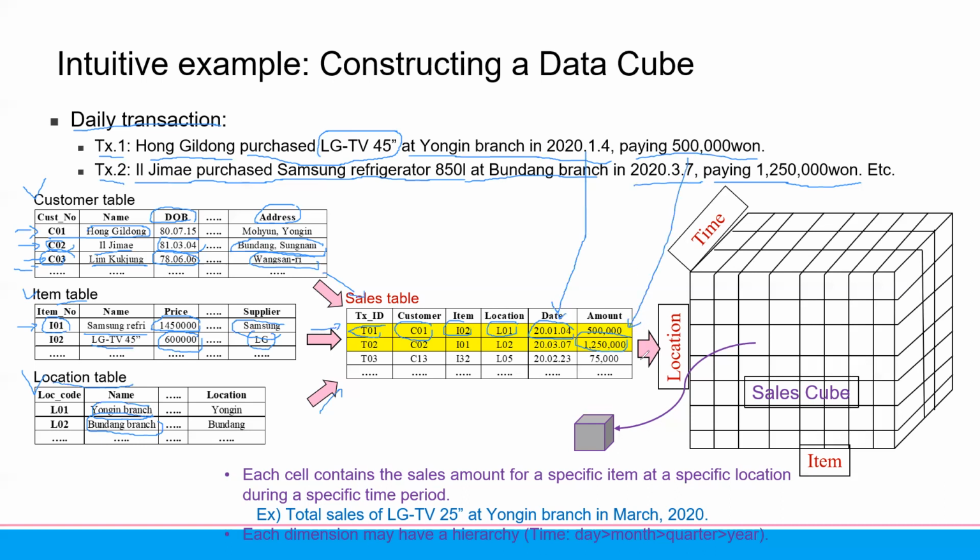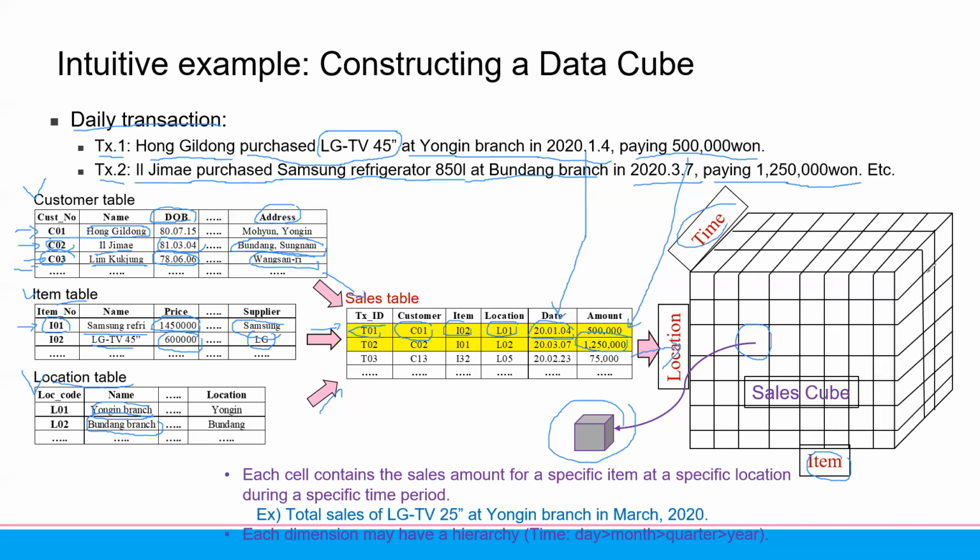So if we have this, then we can put it into this cube. This is the cube. Okay, we call it cube one, just a simple representation of the data. So this is about only the location in a particular time and a particular item.